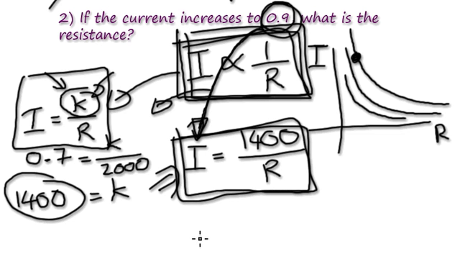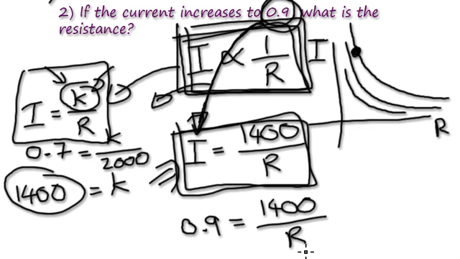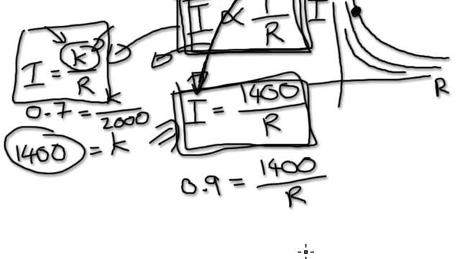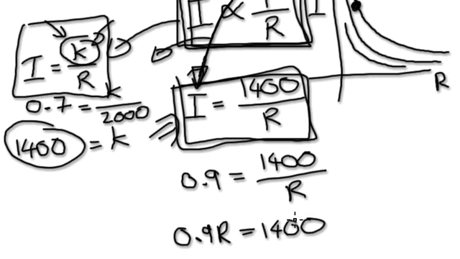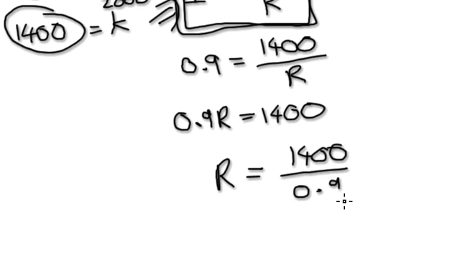Put the 0.9 into the I. So 0.9 equals 1400 over capital R. Now it's just a matter of working out the resistance. Times both sides by R, so it will be 0.9 R equals 1400. Then divide both sides by 0.9. So R equals 1400 divided by 0.9.